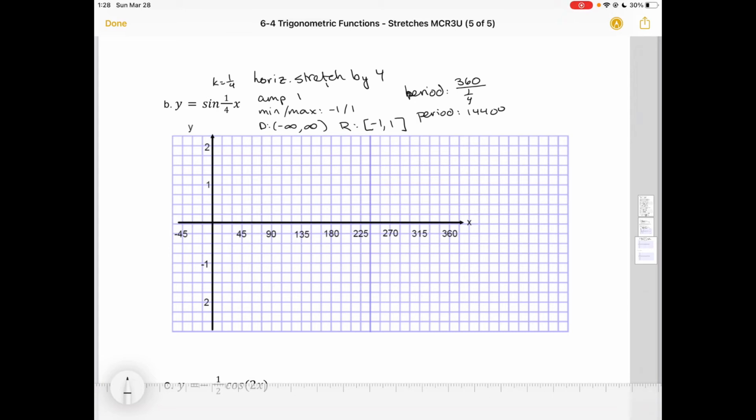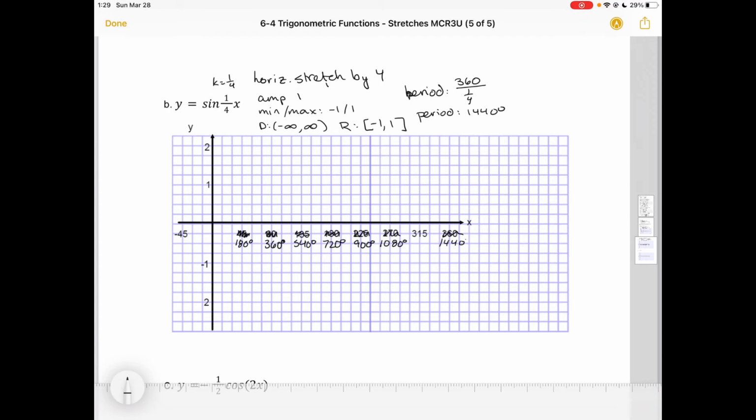The first thing I'm going to notice is that this scale is not going to help me very much. So I'm going to modify that. Let's go up by 180 instead. So I've got 180, 360, 540, 720, 900, 1080.